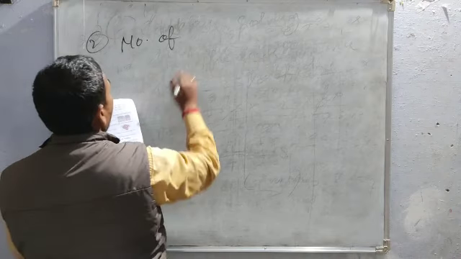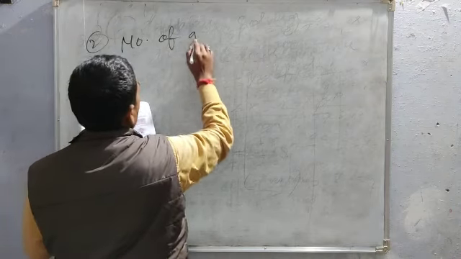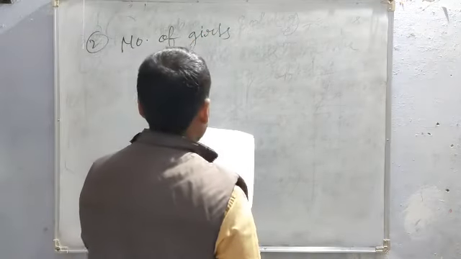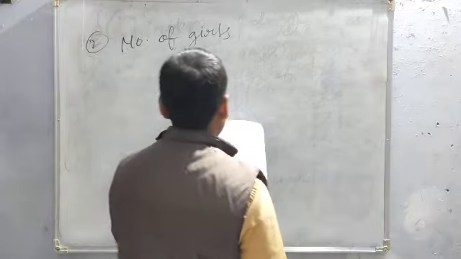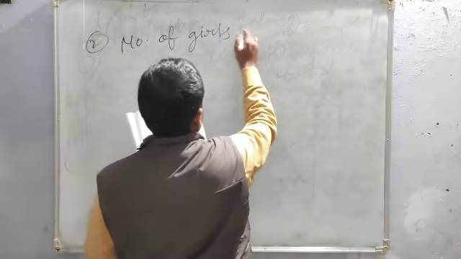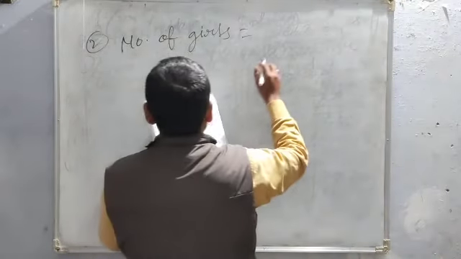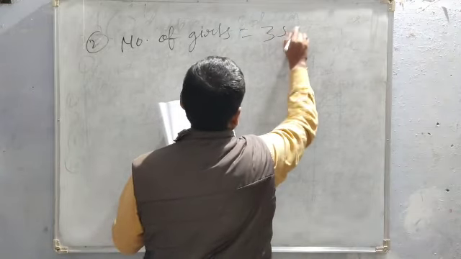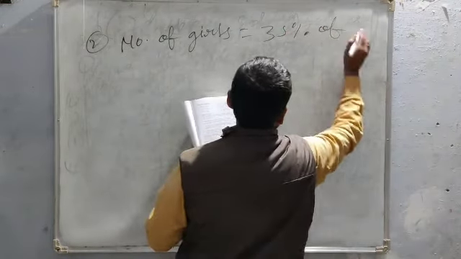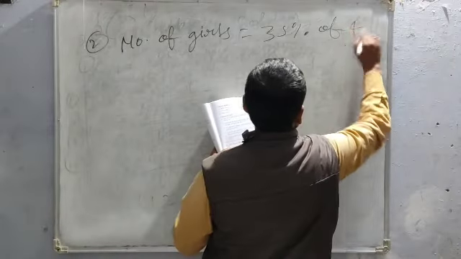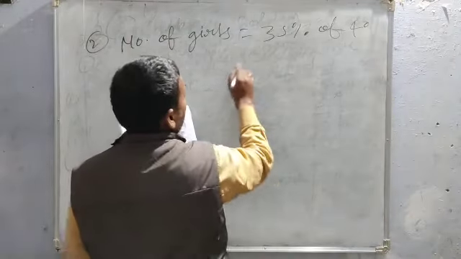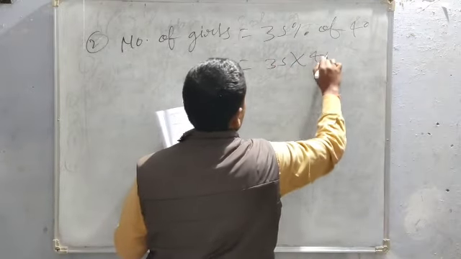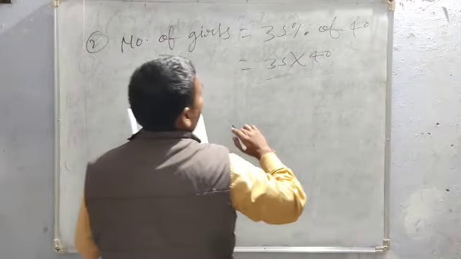So number of girls can be written as 35 percentage of total number of children in a class, tuition class, 40. So 35 multiplied 40 divide by 100.